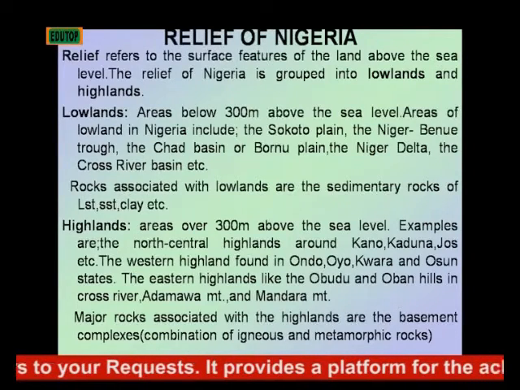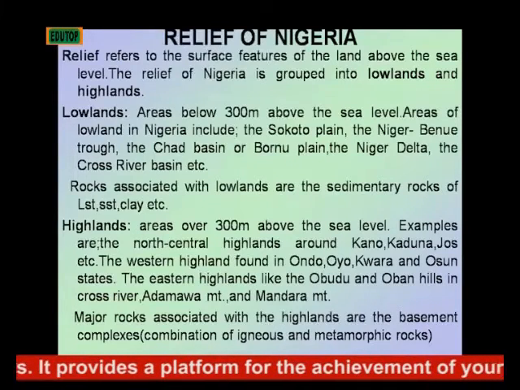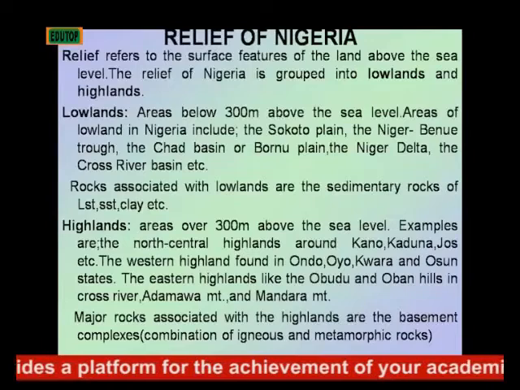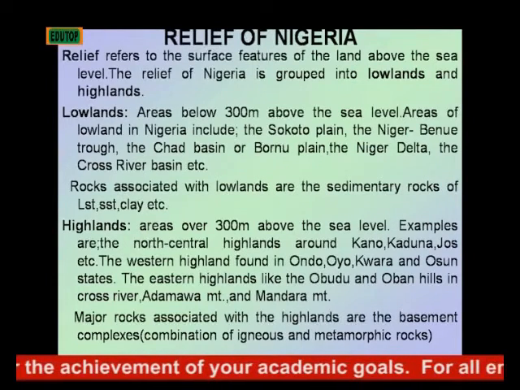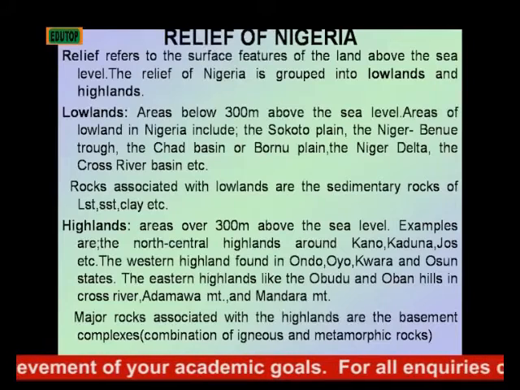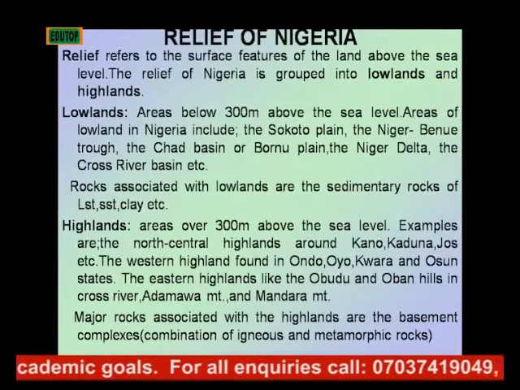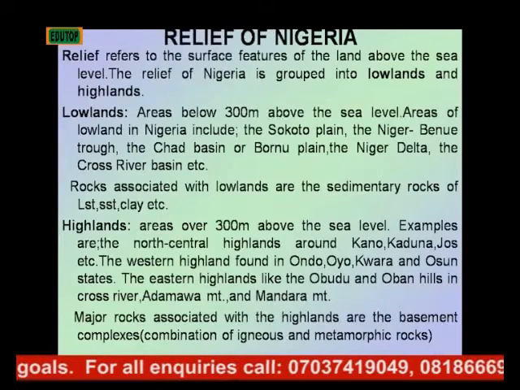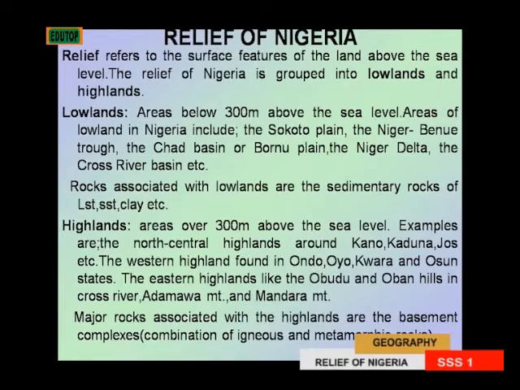We also have the eastern highlands like the Obudu and the Oban Hills in Cross River State, the Adamawa Hills, and the Mandara Mountains.